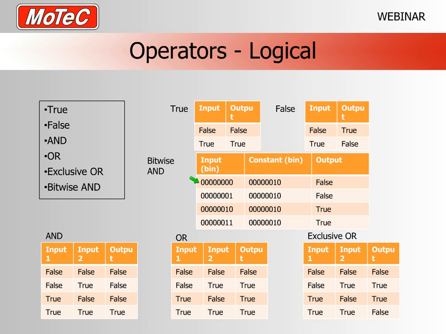So for example, if we look at this one here, this is a row of zeros, and now this one here has a 1 in that first position. So that 1 might be a status bit, which indicates, for example, that a fan has been turned on, something like that.